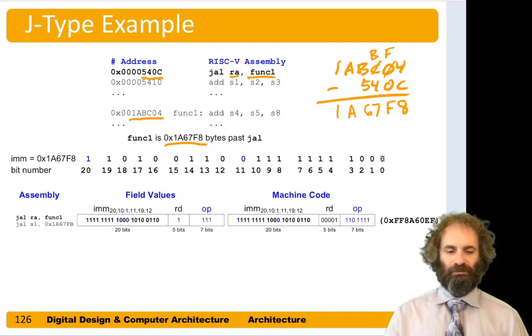Now, that offset, since it's even, again, we aren't going to store the least significant bit of it. That's implicitly 0. And writing this number, 8 is the 1, 0, 0, 0. F is all 1s. The 7 is this, 6, A, 1.